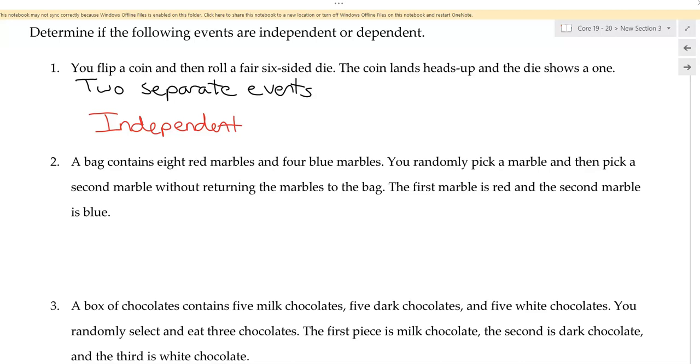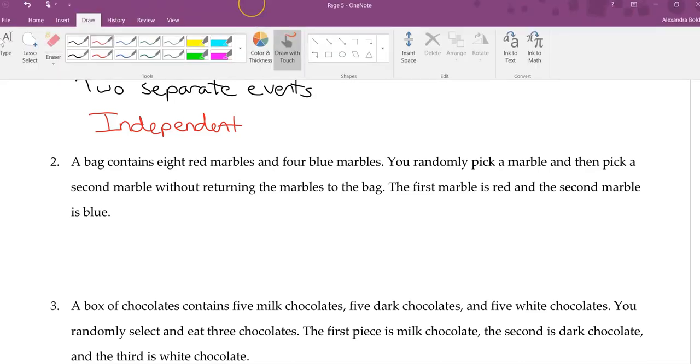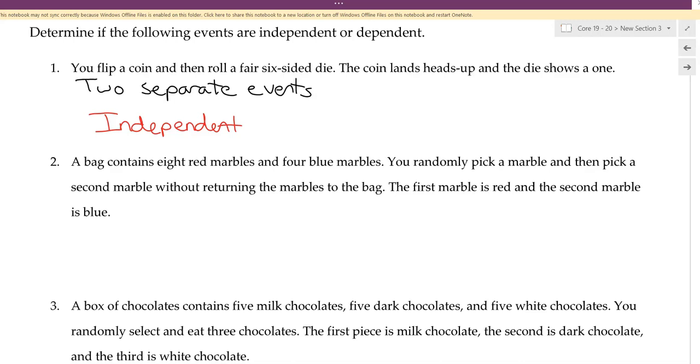Alright, if I look at number 2, a bag contains 8 red marbles and 4 blue marbles. You randomly pick a marble and then pick a second marble without returning the marbles to the bag. The first marble is red and the second marble is blue. So again, I have marbles in a bag. I'm picking a marble, and then before I return it, I'm picking a second marble.